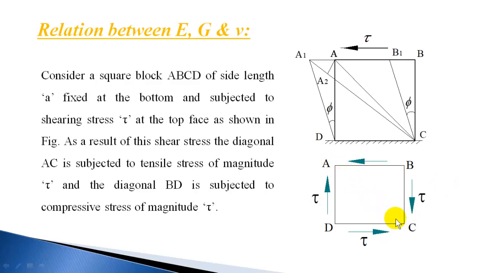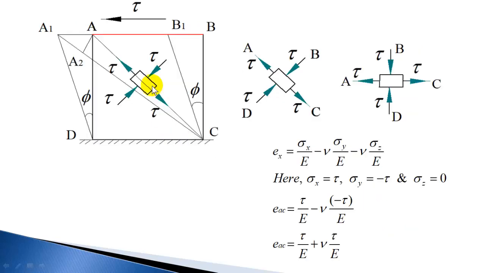So one diagonal is getting stretched, and the stress acting along it will be tau, and on the other, opposite diagonal BD, compressive stress will be acting, and its magnitude will be equal to tau. So that is what I have shown here.